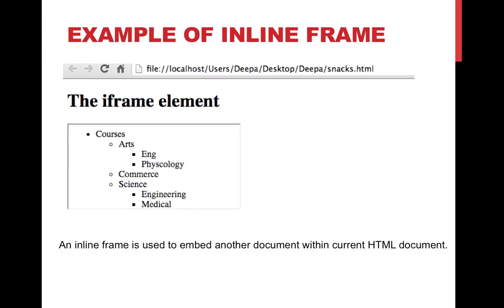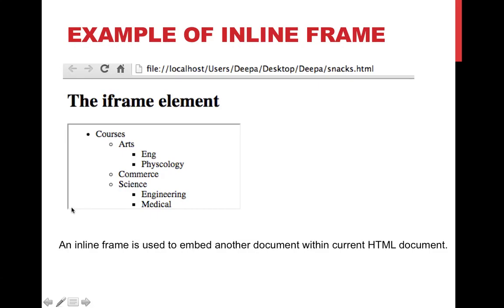So what is an inline frame? When we say inline frame, it will look like this. This is a single browser window, although I don't have a border for this, in which the first file contains a heading and the iframe tag, which we'll see next.